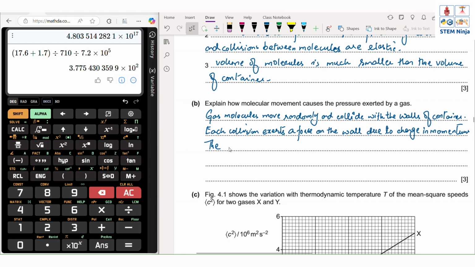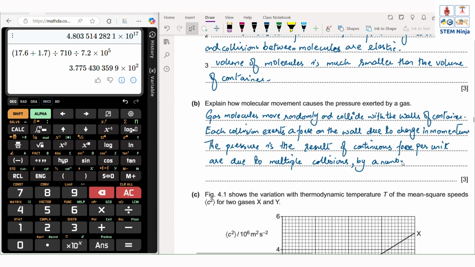So the pressure is the result of continuous force per unit area due to multiple collisions by a number of particles.